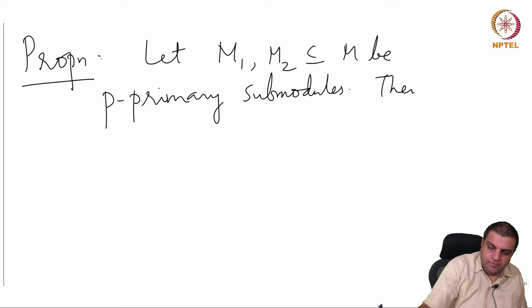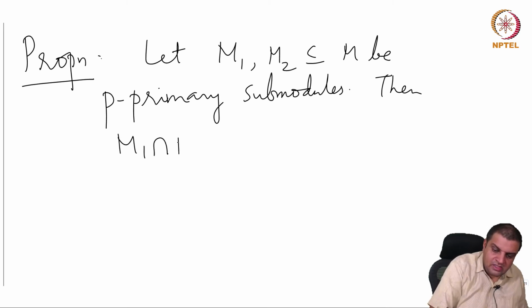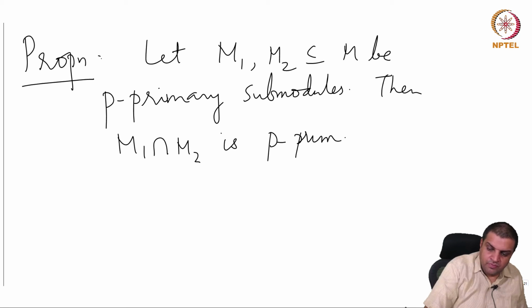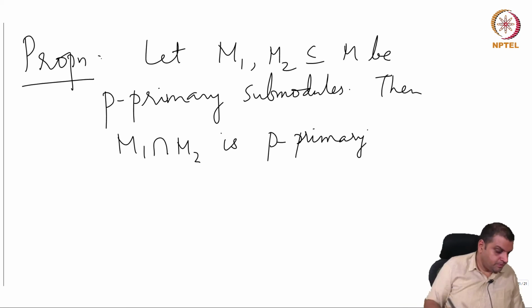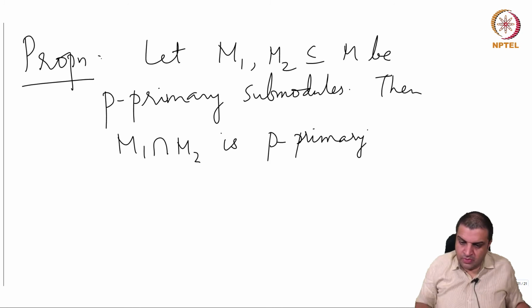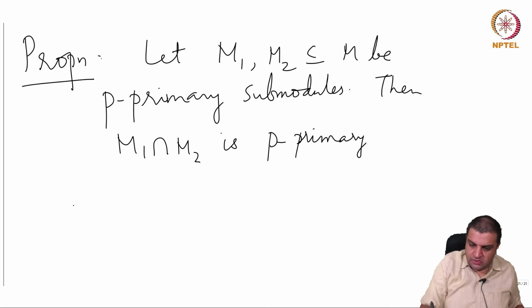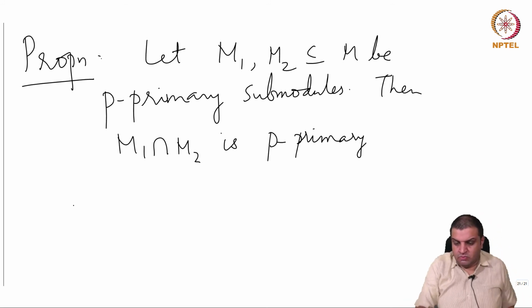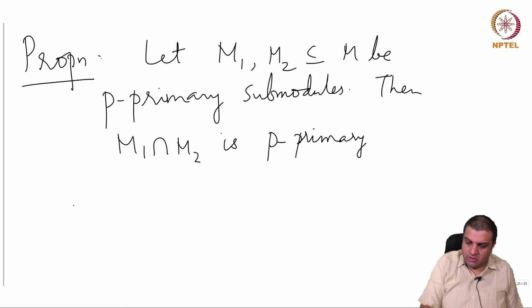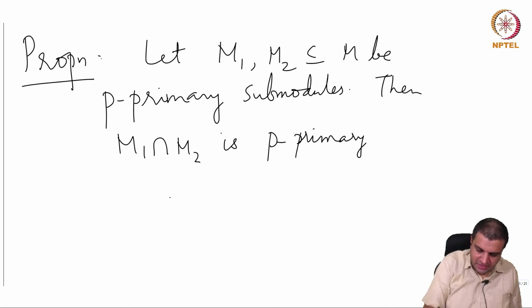Then M1 intersect M2 is P primary. Okay. So what does this mean?